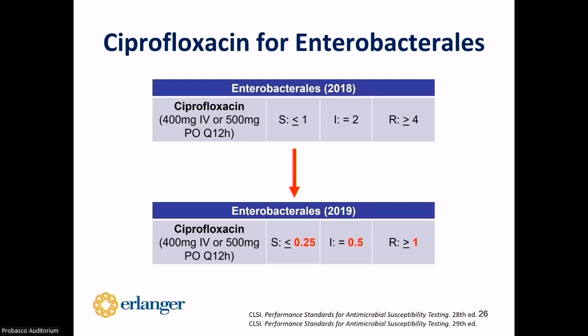Then also a lot of organizations, including Erlanger, susceptibility panels don't go down to 0.125. So even if they did change the breakpoint to 0.125, we wouldn't ever be able to see it or know if our organism is truly resistant or truly susceptible, rather.